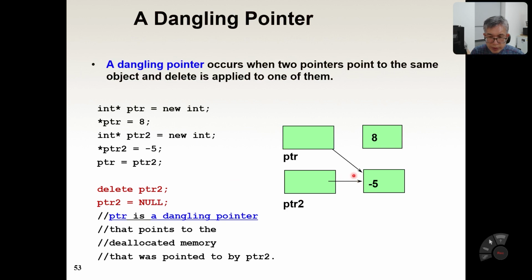So in that case both point to this one. And then if we delete this one, the pointed variable is actually deleted. In that case ptr points to the deleted memory object, right? So this is called a dangling pointer. An invalid address is set for ptr.